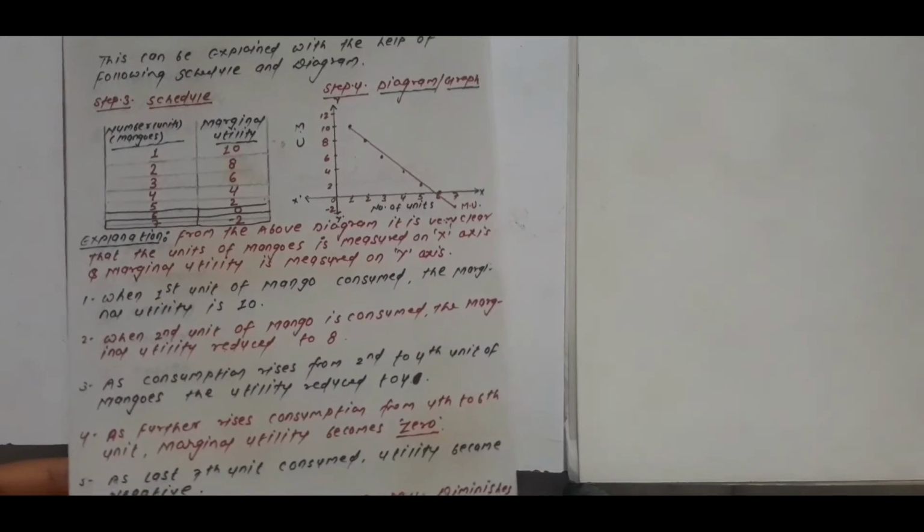Now after drawing this, the next step is the explanation of the diagram and schedule. So how to explain? Let's see. Explanation is a very easy part. We have to write by looking at the schedule and your graph.